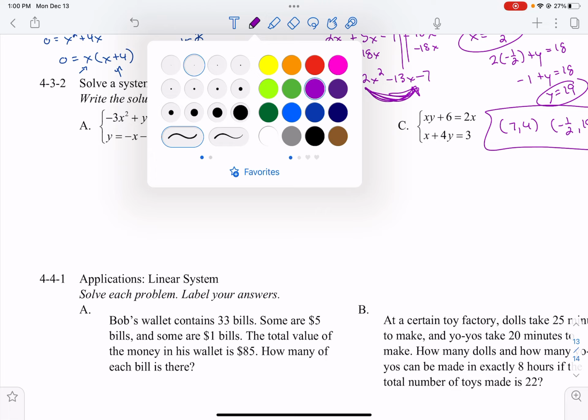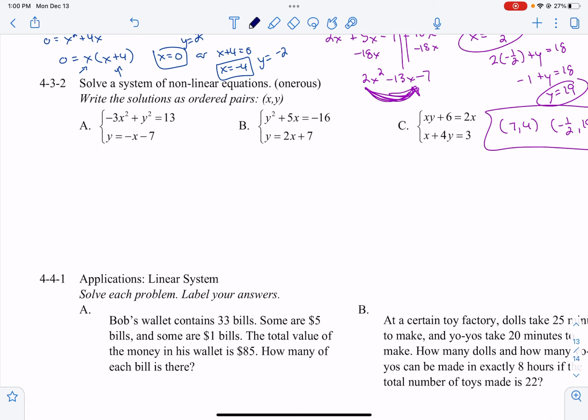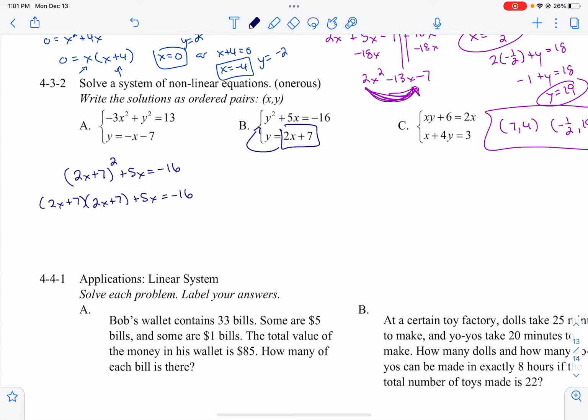Okay, part B. y equals 2x plus 7. So let's take that y and plug it in right there. So (2x plus 7) squared plus 5x equals negative 16. So that means (2x plus 7) times (2x plus 7) plus 5x equals negative 16.